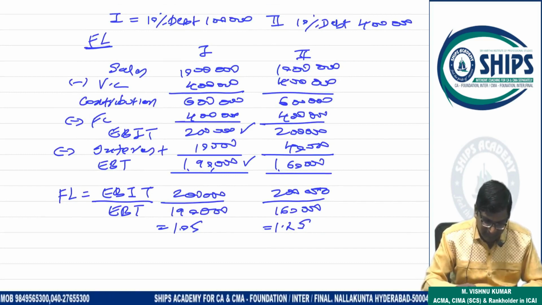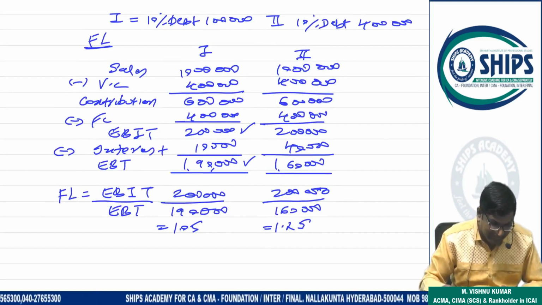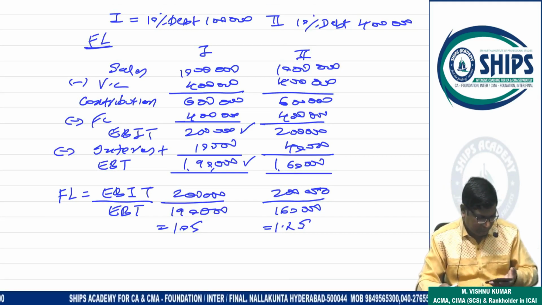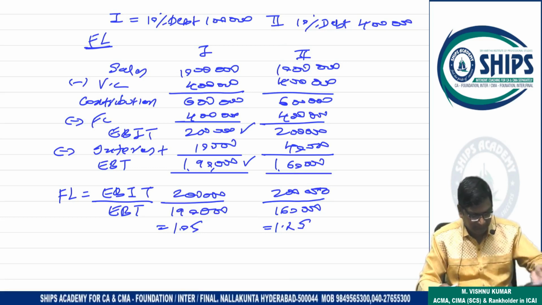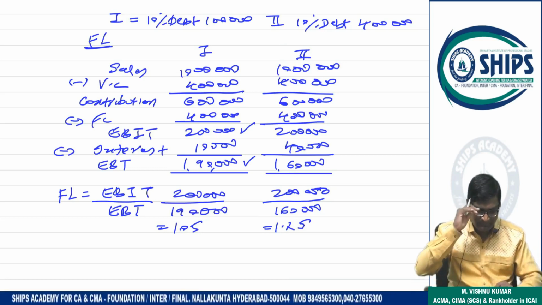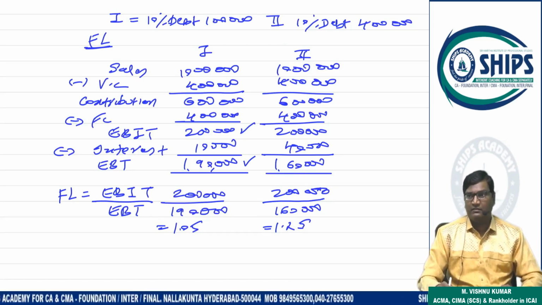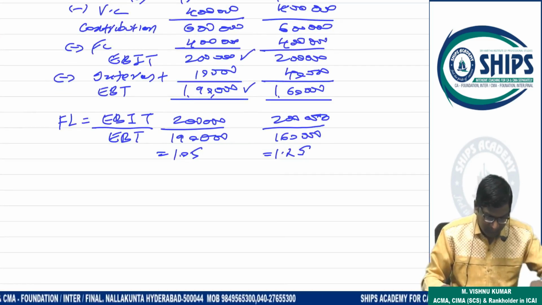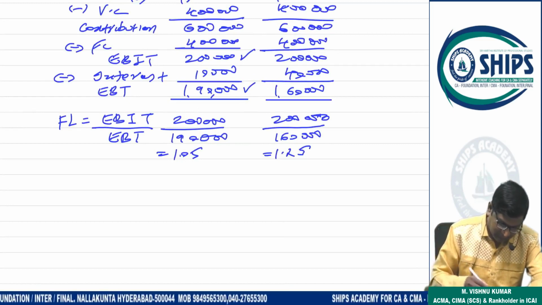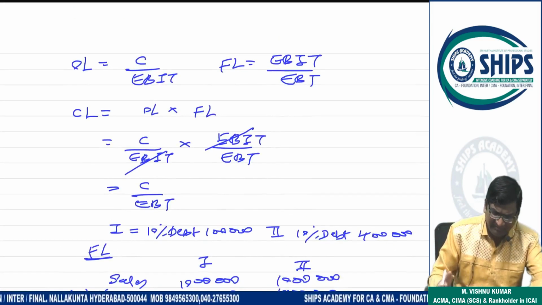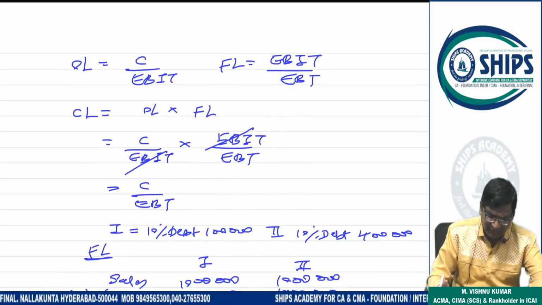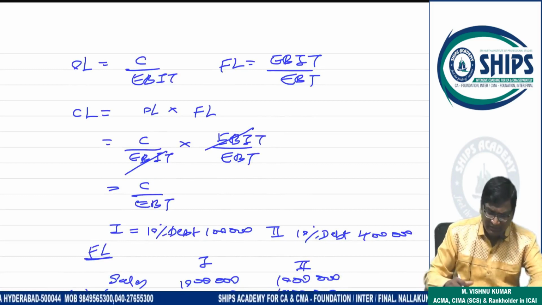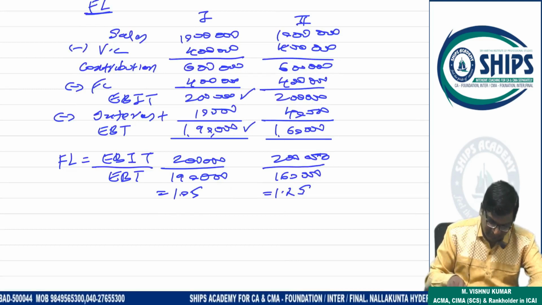So financial leverage. Now all students clear with this? Clear? Right. Combined leverage is not very difficult to understand. It is a combination of both. Now suppose you are a finance manager.